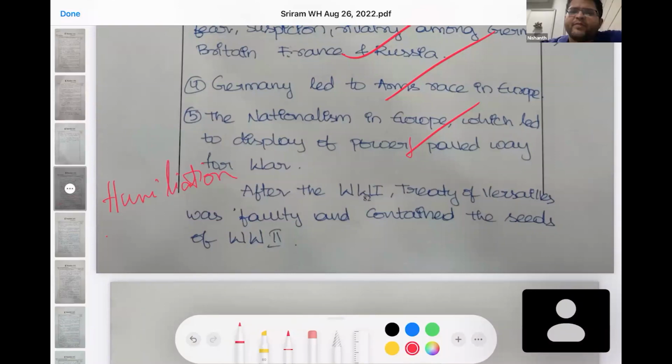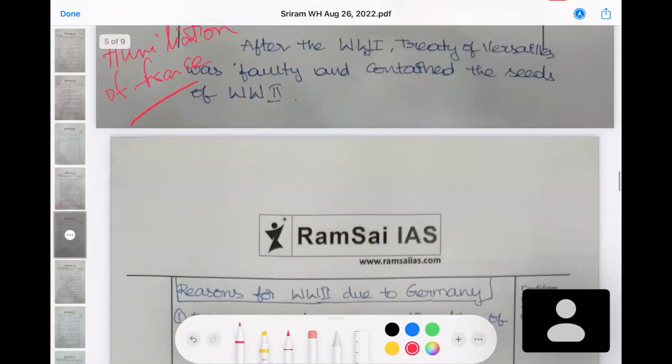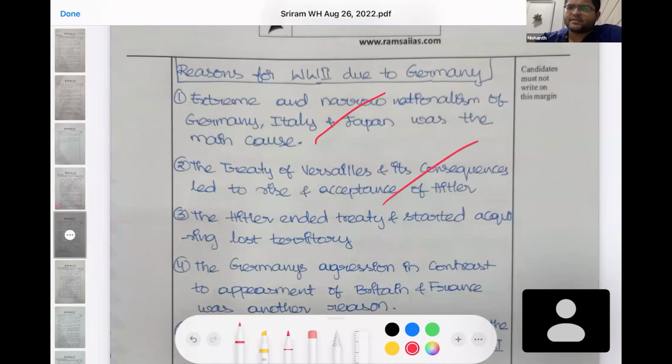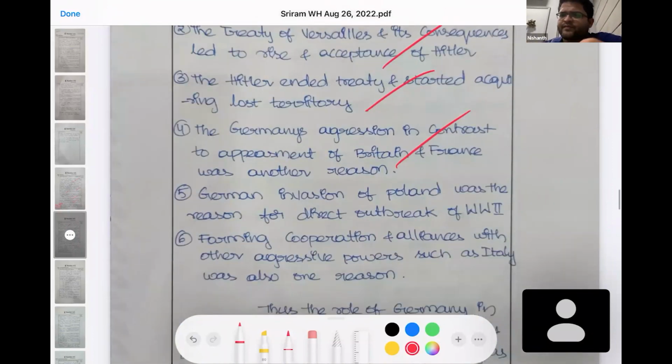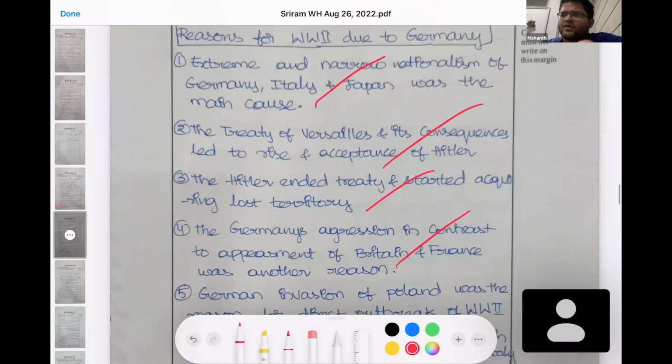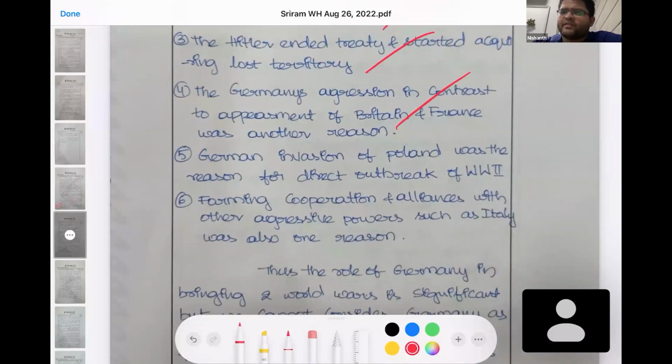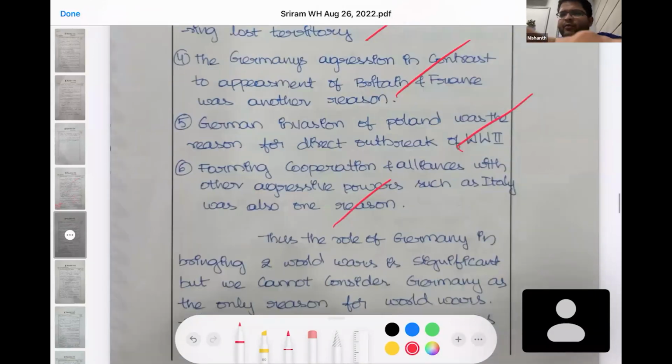Because Bismarck was responsible for that. Okay. Yeah. Treaty of Versailles. Yes. Hitler. Aggression. Invasion of Poland. This is the immediate outbreak. Yes. Okay. So decent points.